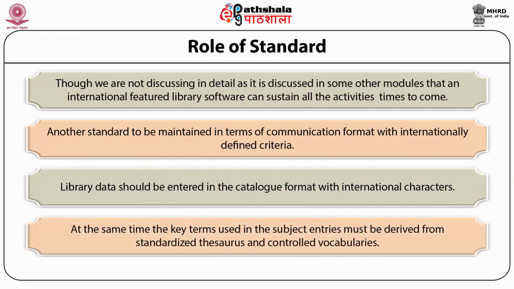At the same time, the key terms used in the subject entries must be derived from a standardized thesaurus and other authority control. This aspect is important in the Indian case, when we think of a successful library, a good library, we should not lack anything technically.